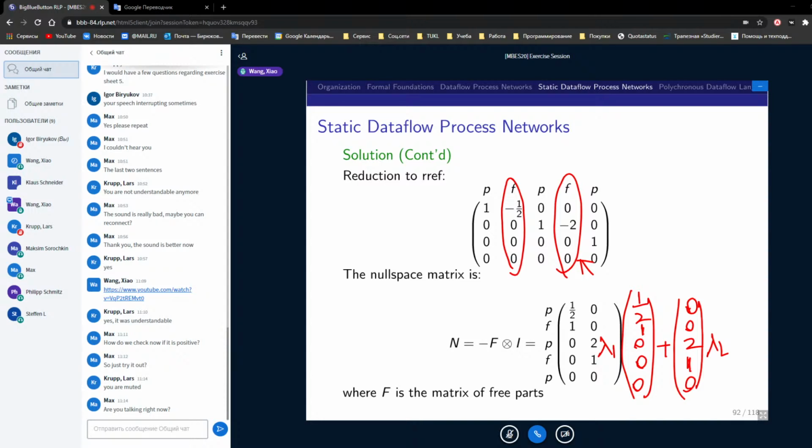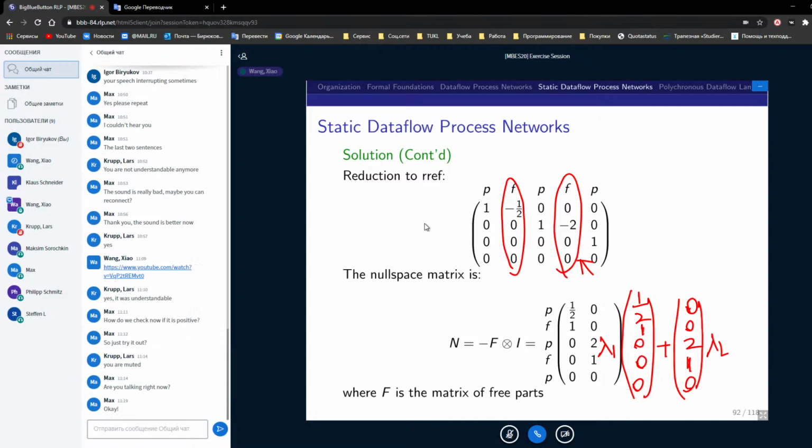And since you cannot make it positive, there's no positive S invariant. Therefore, it's not bounded for all executions.